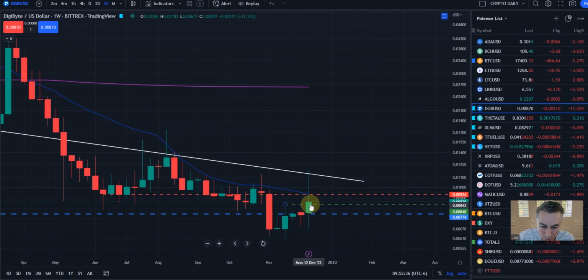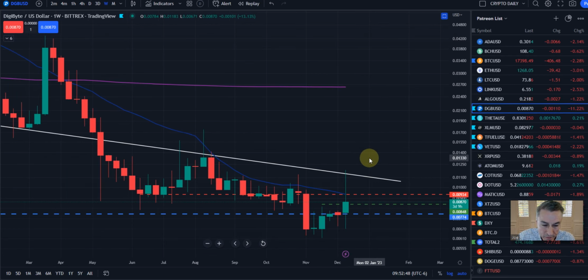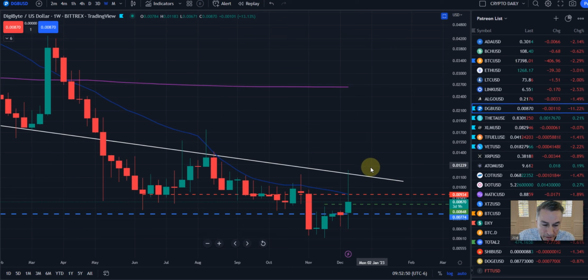I know we're right there at it, but we really need to hold that line. If we start trading under it, our Patreon members know what that move or location is. But we need to hold above that. If not, we'll come down and retest, hopefully, what is now back as support.